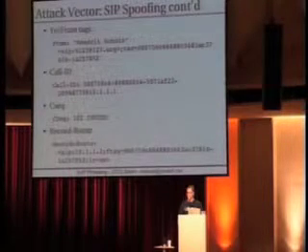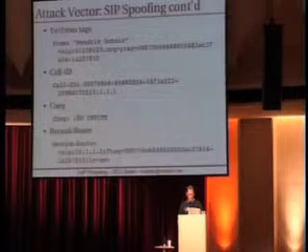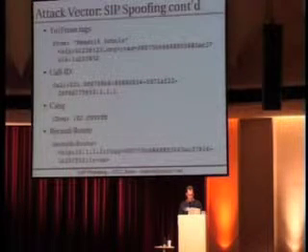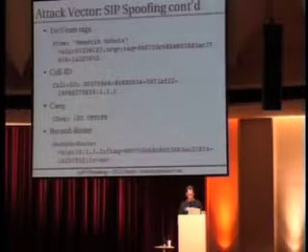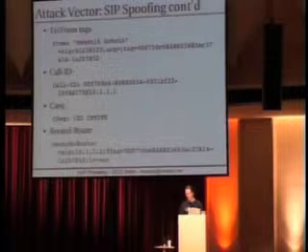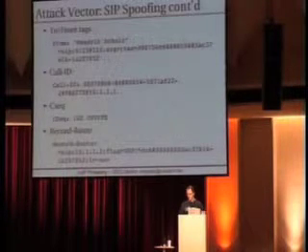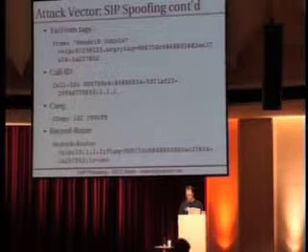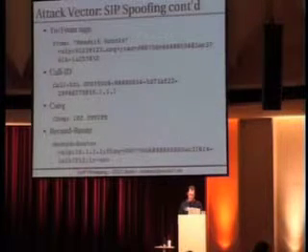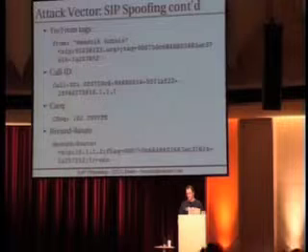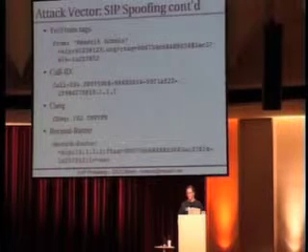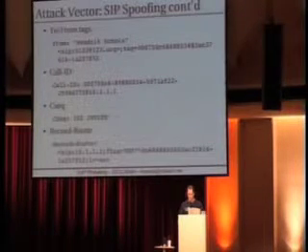We could start with a random value, but it has to increment. So could be done. And then you've got the Record-Route header. You have to have the Record-Route header at some point if you have to make sure your packet goes the right way. But yeah, usually you can just leave it out and let the first SIP proxy take care of routing your SIP message.